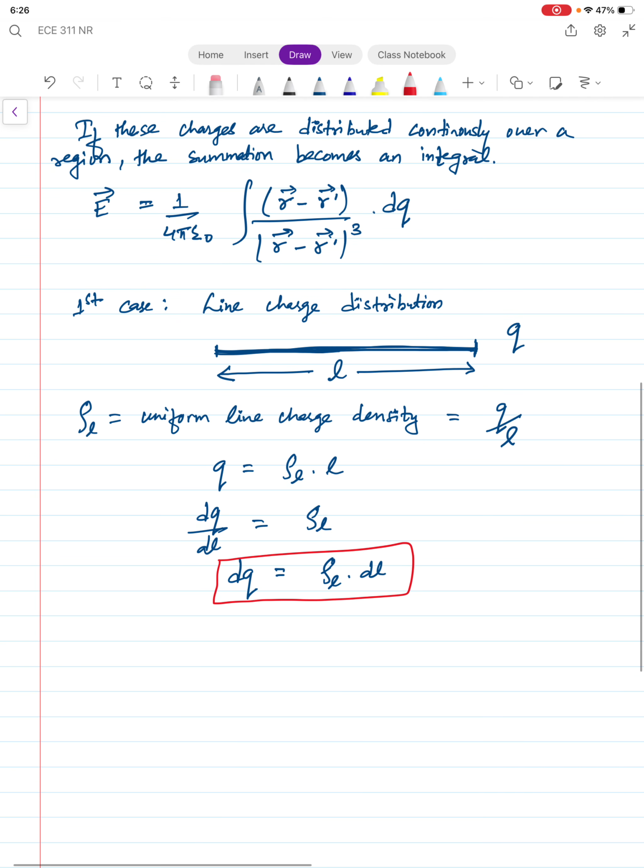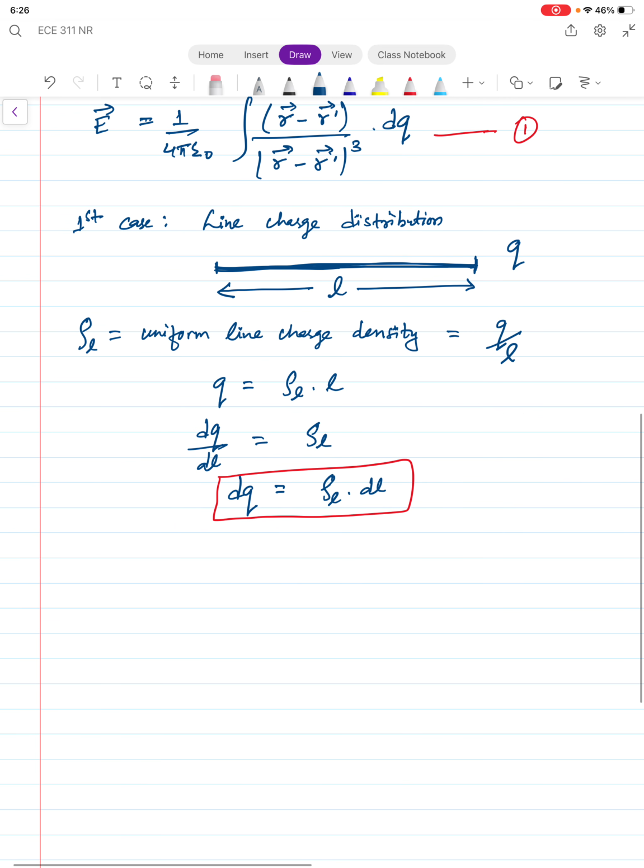Okay, substitute this. Let me give a name for this equation. Let me give it as 1. Substitute this into equation 1, and you get your electric field due to a line charge distribution as 1 divided by 4 pi epsilon 0 integral. Okay, I want to write that rho L on the front.